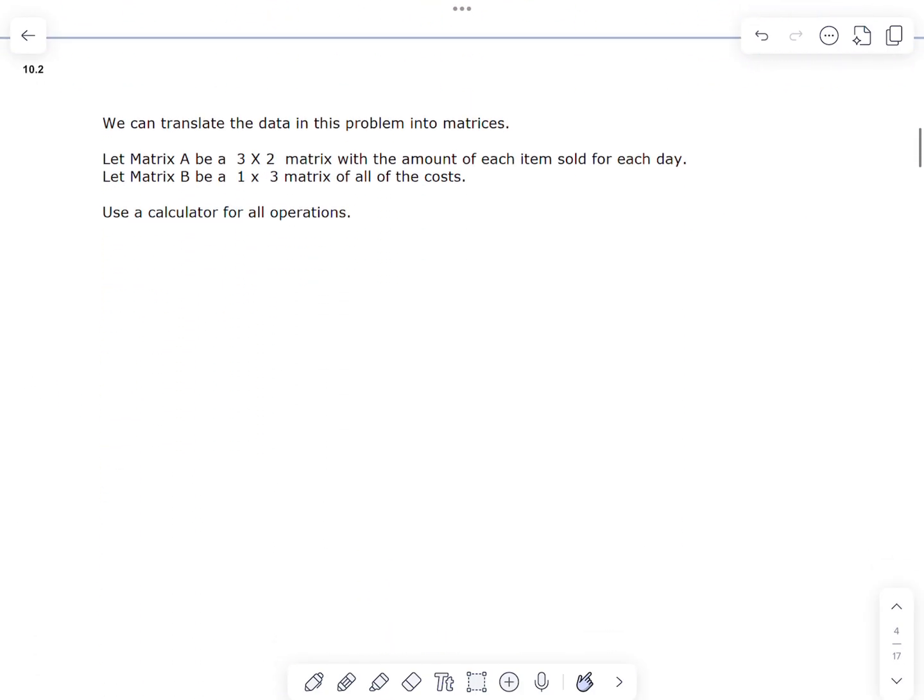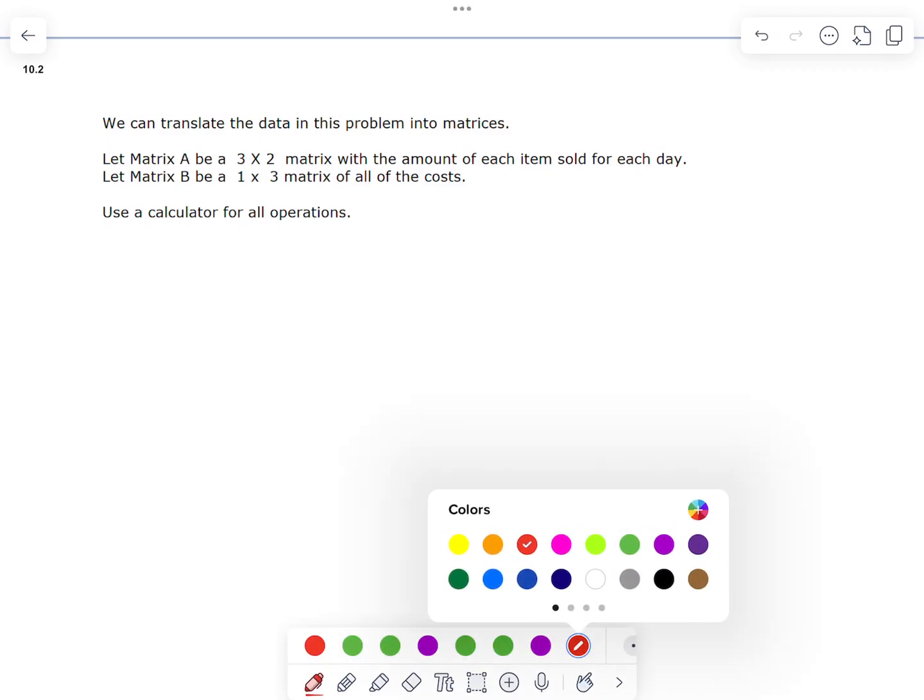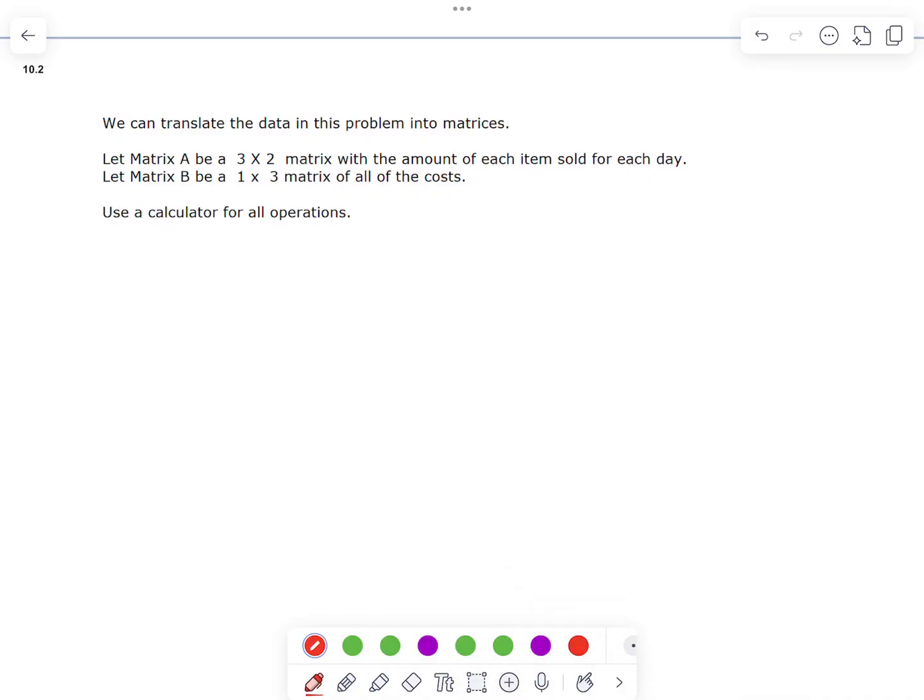Okay. So we're going to go ahead and translate this into matrices. We're going to let matrix A be a 3 by 2 matrix, and we're going to let that be the amount sold each day. So here's matrix A. We have 48, 7, and 9.